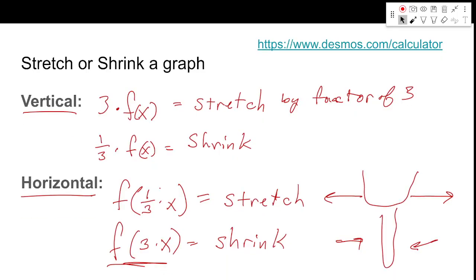Okay, so we're thinking, is there a change happening inside or outside? That tells us whether inside is always horizontal, and vertical always happens from something being done outside the function. So to the f of x, to the whole function. Think about putting parentheses around the function, anything on the outside onto it.